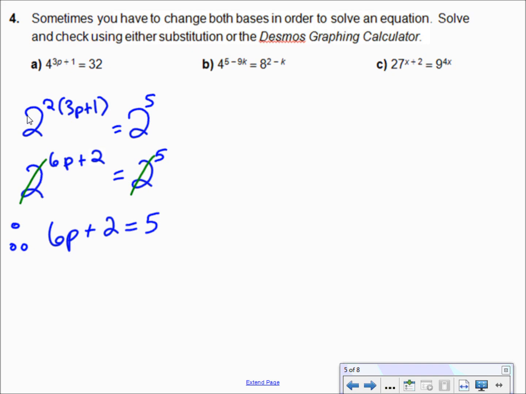Okay, I'm going to move that 2 over. Now to get p by itself, I need to divide both sides by 6.